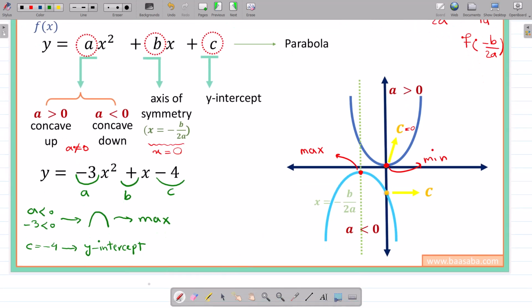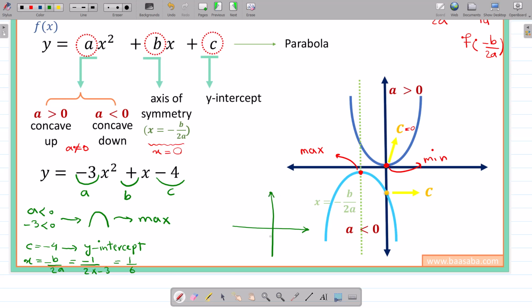And the axis of symmetry is x = -b/2a, where b is +1, so -1/(2 × -3). It's 1/6. This is the equation of the symmetry line. I'm going to draw an approximate shape of this figure. It is downward.